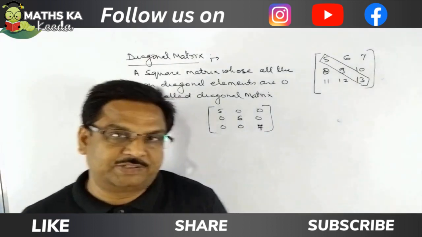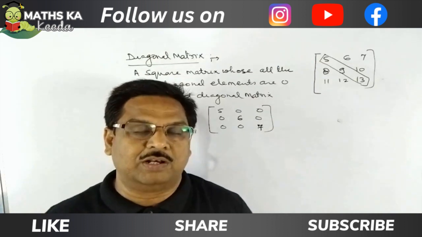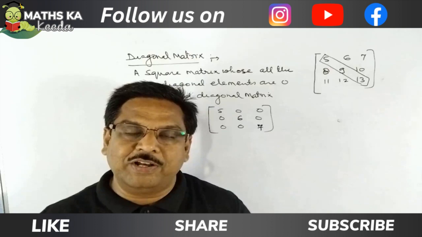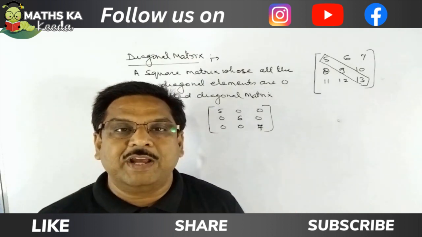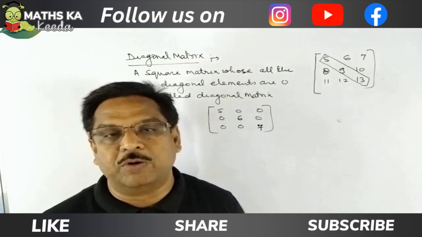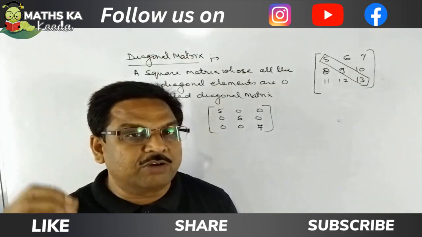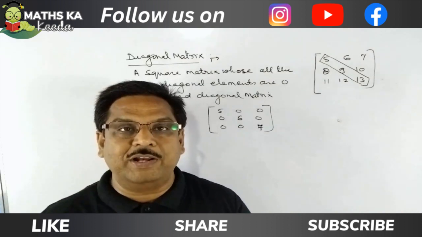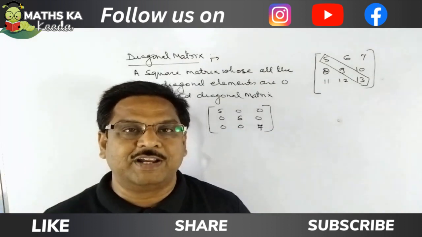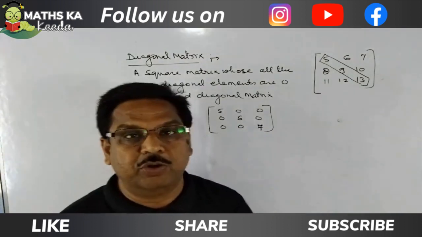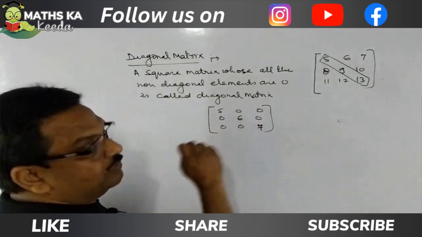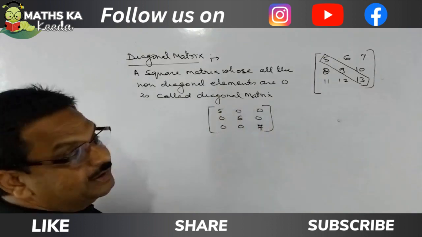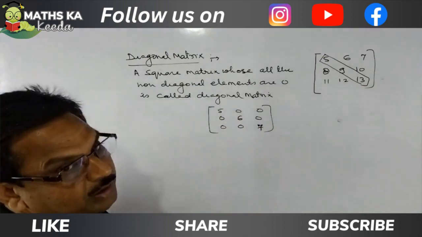Whenever all elements of principal diagonal are different and non-diagonal elements are 0, then you can say diagonal matrix. This is a principal diagonal; these elements are different, non-diagonal elements are 0.